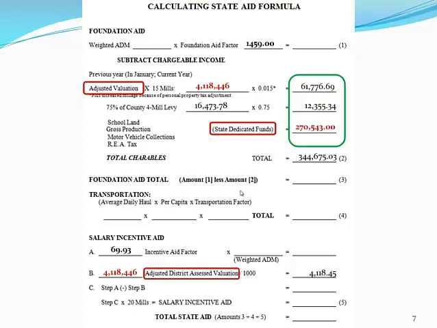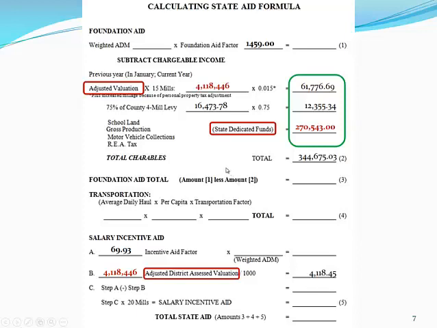So we call this chargeables. Okay, so our total chargeables, this is a misspelling, our total chargeables are $344,000. So we're going to ultimately subtract that from what the state would give us. The same thing down here in the bottom, as we'll see in a minute, we're going to subtract the $4,118 from what the state gives us. We do this, again, as an equity piece.